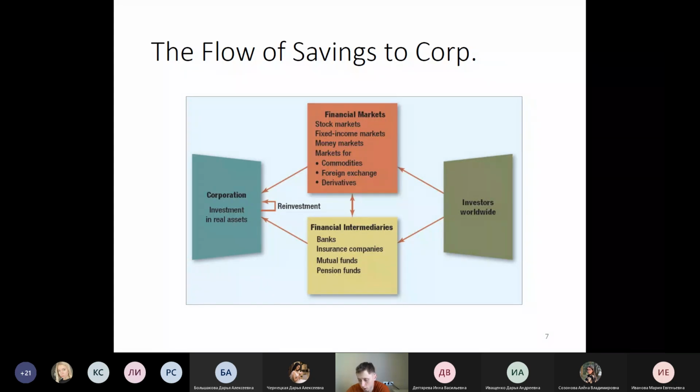Other institutions work as mediators that would give money from investors to the corporations, and investors themselves also are looking for the profit, so they give those money to financial intermediaries or invest them through the financial markets, and this is how the economy is functioning.